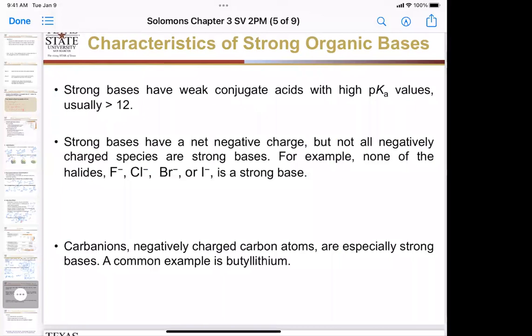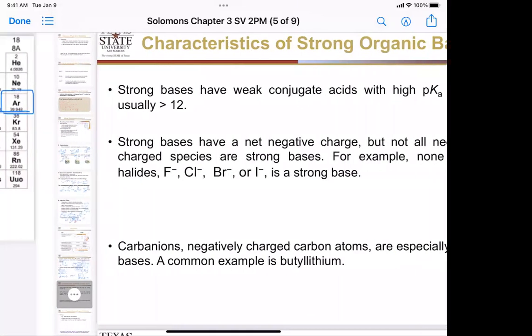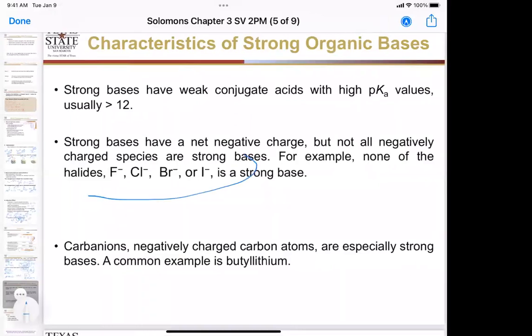Okay, so what that means is that if after you've reacted something on your system and you put out a halogen as a leaving group, it's not going to go backwards because it's not strong enough. It's too weak a base. Okay. Now, one of the most basic of all of these is a negative charge on carbon.